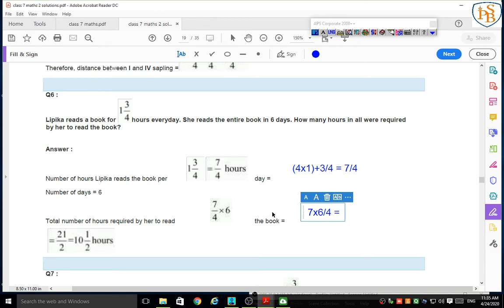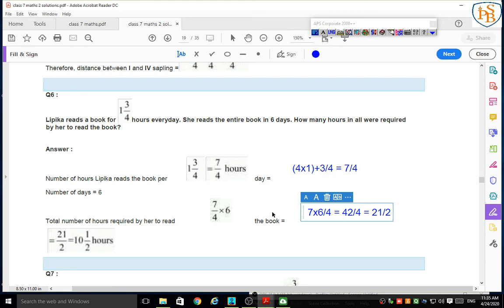So 7 sixes are 42 upon 4, and when we divide this 42 by 4, we get the answer 21 upon 2. So we have to divide by 2 because both are even numbers.